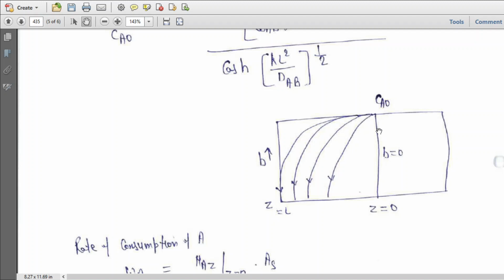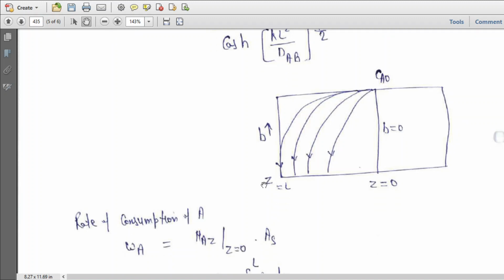As you go inside the liquid, the concentration keeps dropping, and finally you end up at the walls of the container at the bottom, where it is completely consumed. As you go deeper and deeper, the concentration of Ca keeps decreasing due to the reaction there.